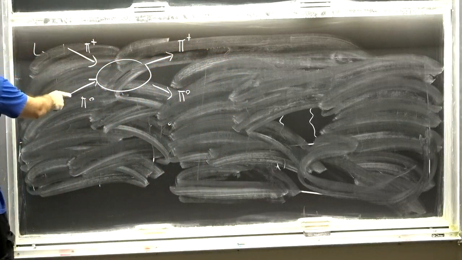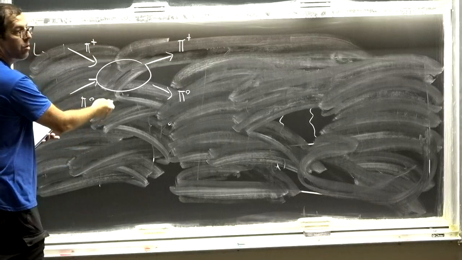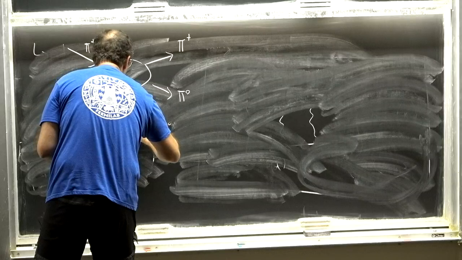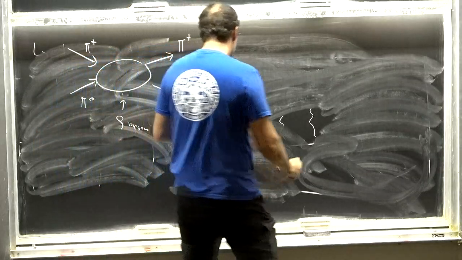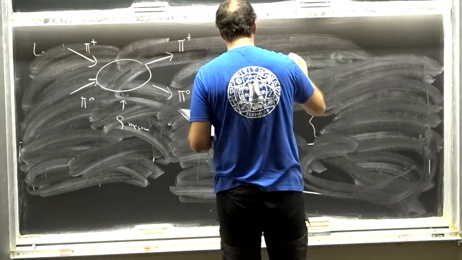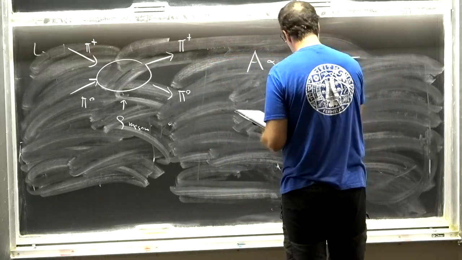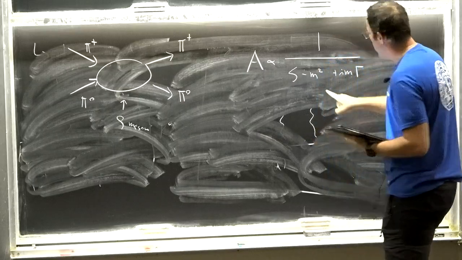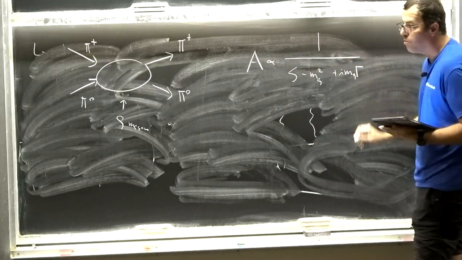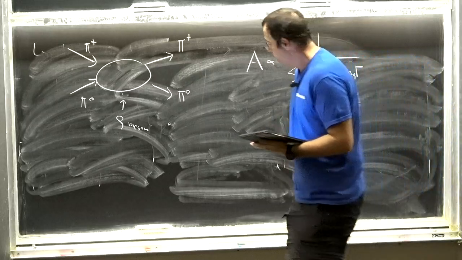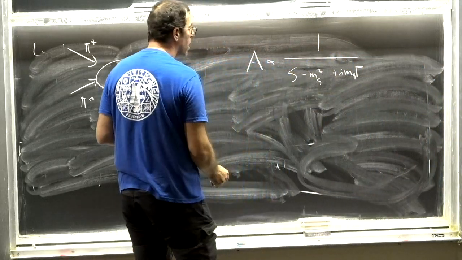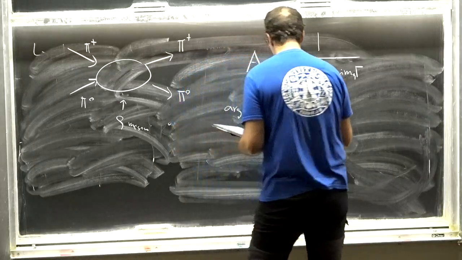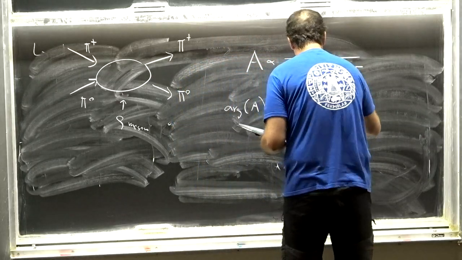If the invariant mass is close to the rho meson mass, I will create a rho meson. So in principle, you could create a rho meson here. All right, so the amplitude will go as the Breit-Wigner, where this is the rho meson mass. Right? So this has, you see, a phase, is non-zero, and is a function of S.